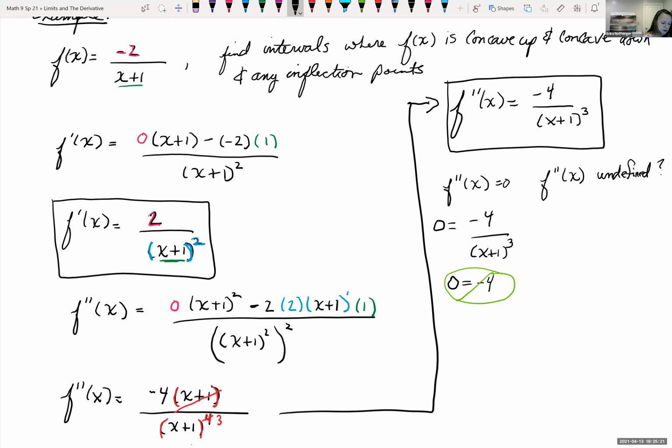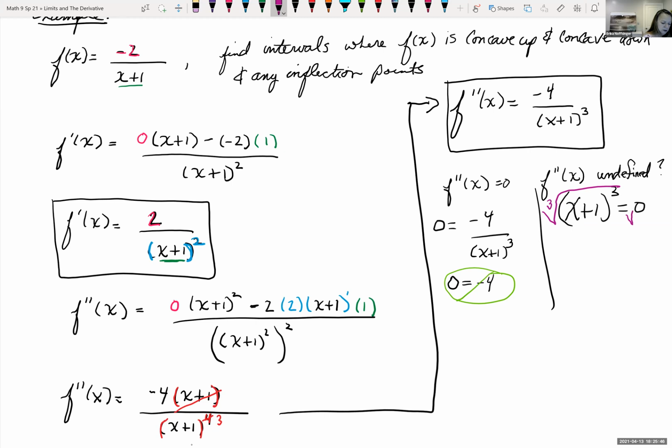Where is it undefined? Well, it's undefined when our denominator is 0. So it's undefined where x plus 1 quantity cubed equals 0. If you solve for x here, we can get rid of that cubed by taking the cubed root of both sides of our equation.